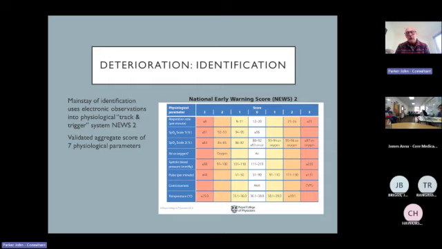Above 7, a lot of alerts go off on Nerve Centre, and ICNARC expects anyone for escalation generally to be admitted to ITU if their score is 10 or more. Between 5 and 10 obviously depends on more nuanced aspects of the patient. Okay, so NEWS 2. If you don't know it, good idea to just start to memorize it. Obviously, the scores get higher as physiology gets worse.